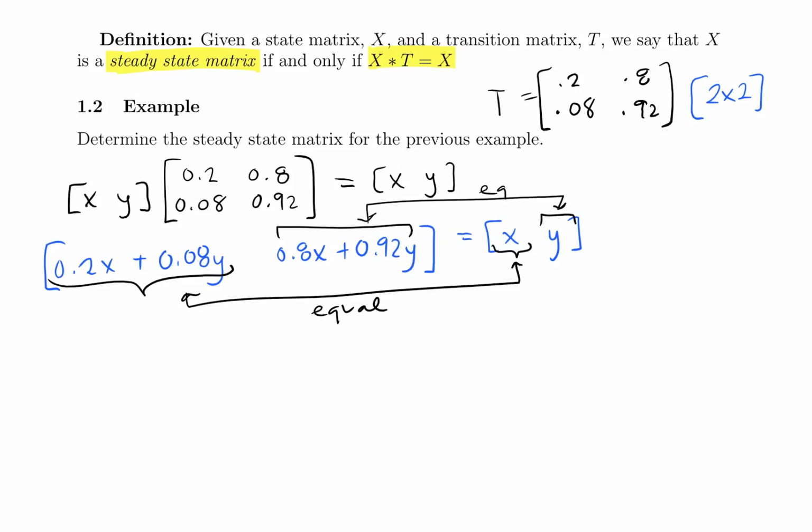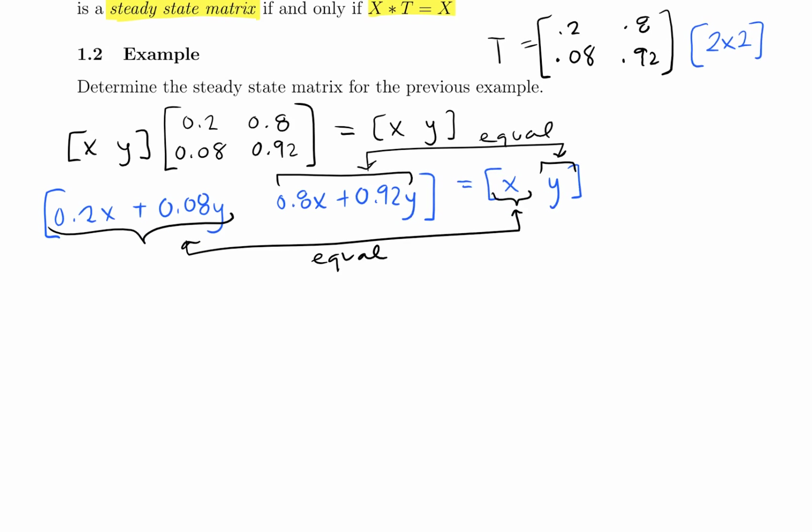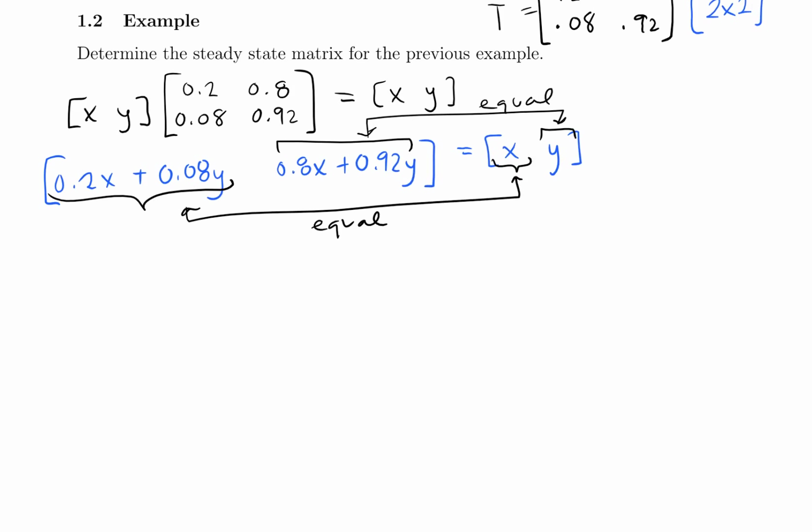And so now we have two equations. It turns out that we only need to solve one of them. You can choose one or the other, it doesn't matter, but you're only going to need one of them. So I'm just going to take the first one here. We have 0.2x plus 0.08y has to equal x.